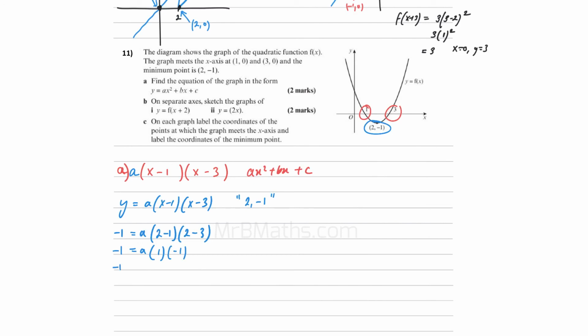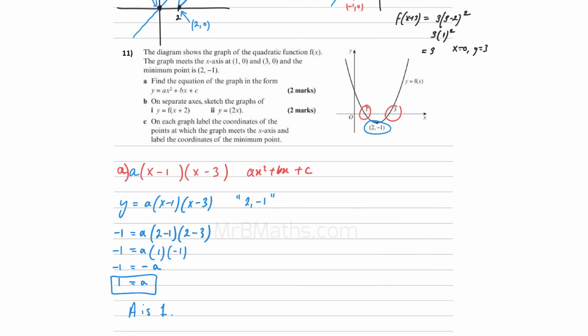Therefore we have -1 equals minus a. Therefore if we times by -1, we know 1 equals a. So we know for certain now that a in the ax squared is 1.